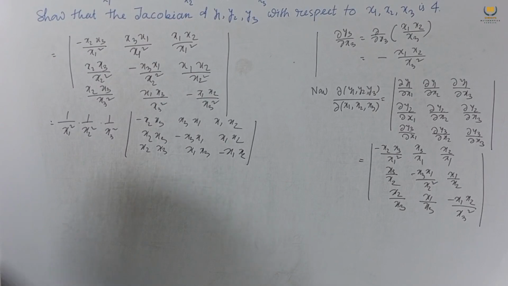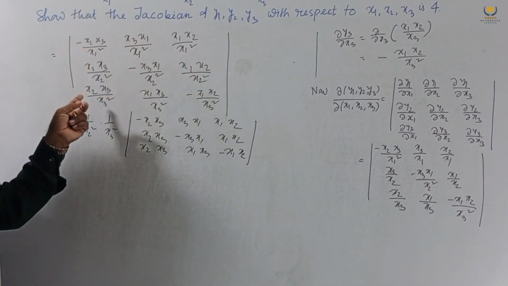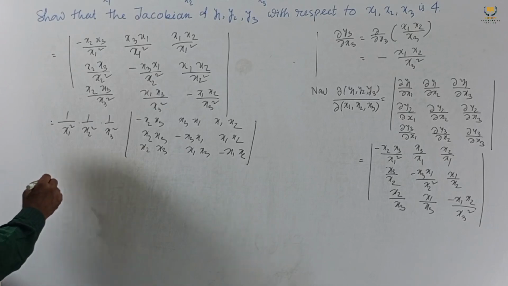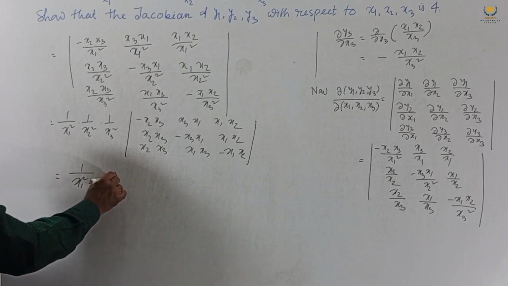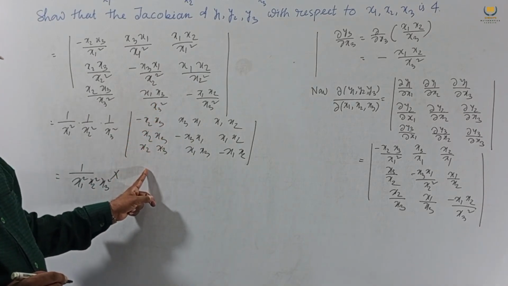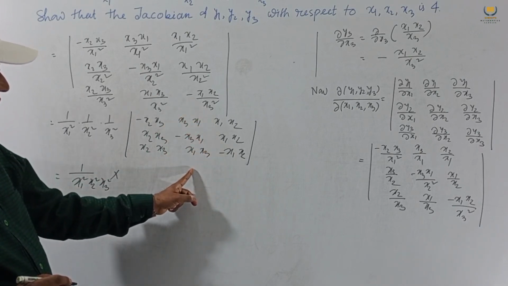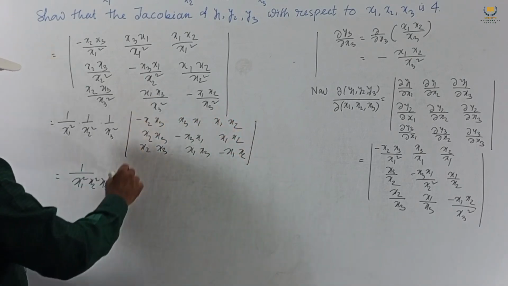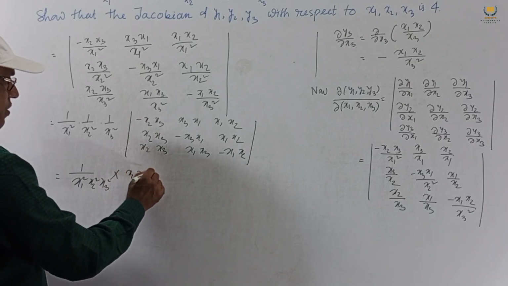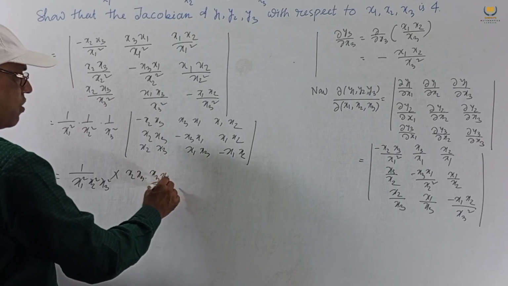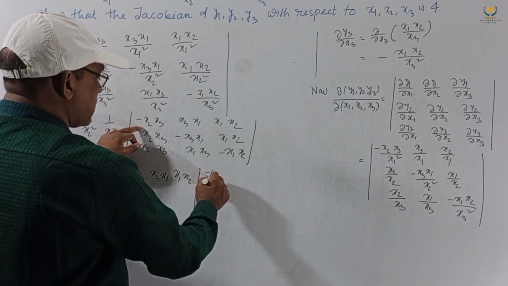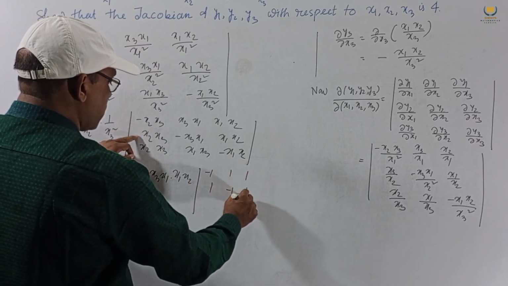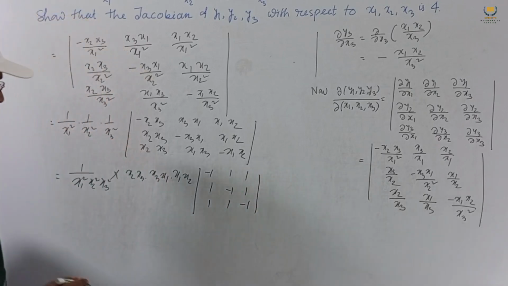Taking the denominators common, we get 1 by x1 square x2 square x3 square. And from the columns, x2 x3 common from the first, x3 x1 common from the second, and x1 x2 common from the third. We get minus 1, 1, 1, 1, minus 1, 1, 1, 1, minus 1. We get this.